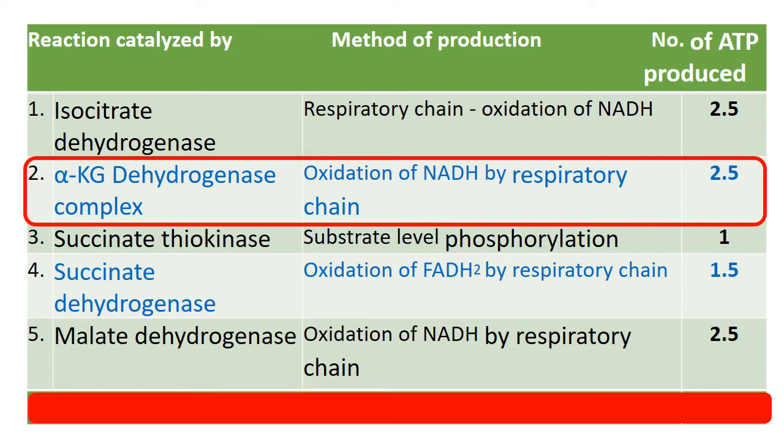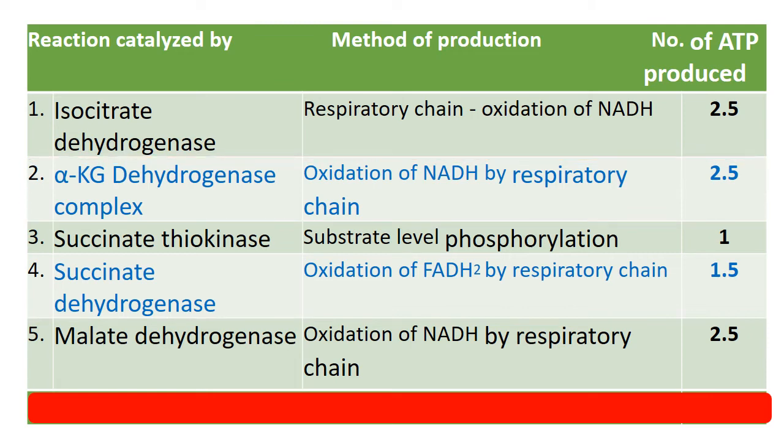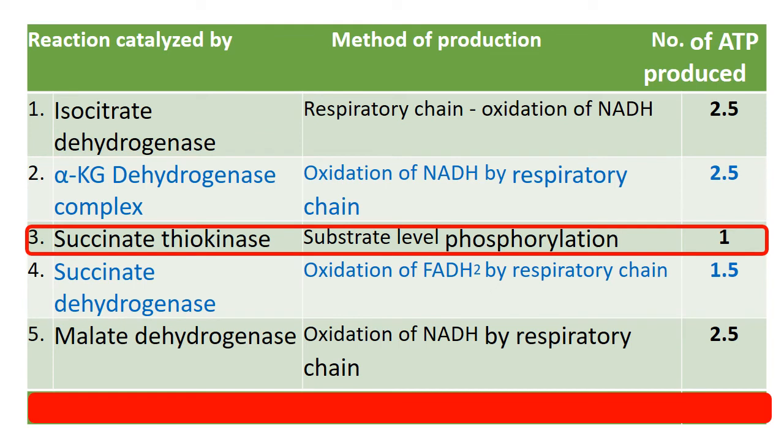So here again there is the oxidation of NADH by the respiratory chain and production of 2.5 ATPs. The third step is catalyzed by succinate thiokinase, which converts succinyl-CoA into succinate, and there is a substrate level phosphorylation and production of 1 ATP in the form of GTP.